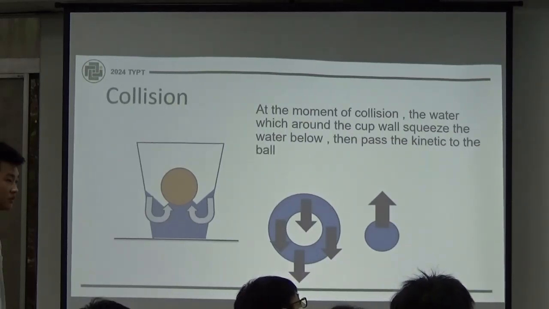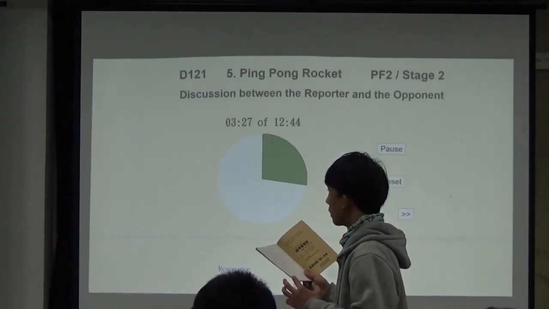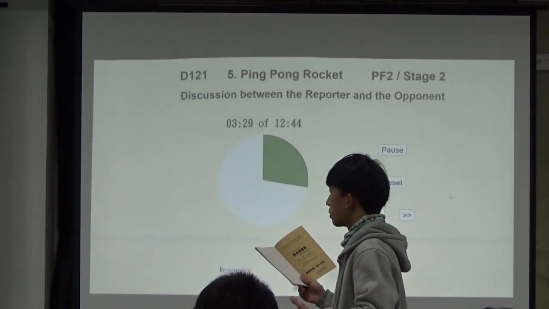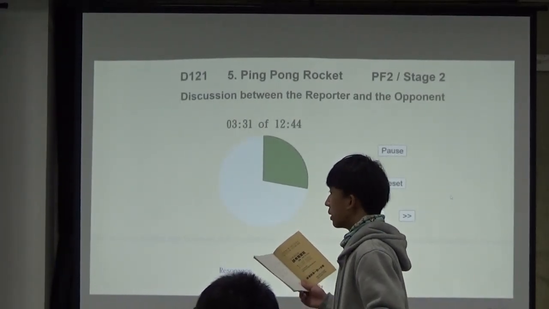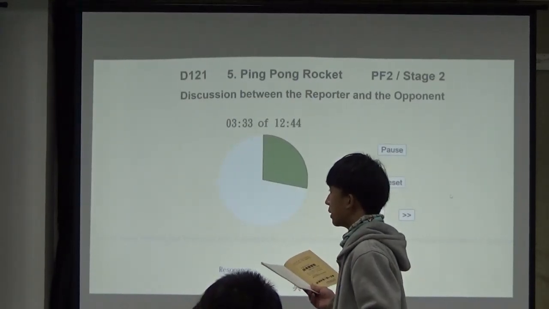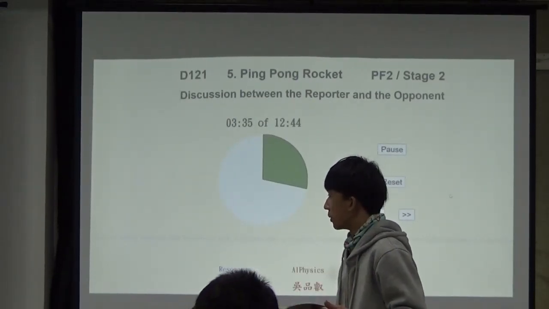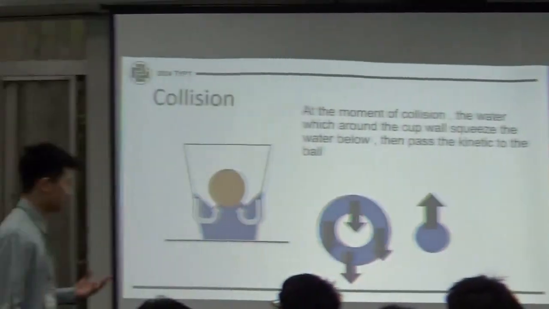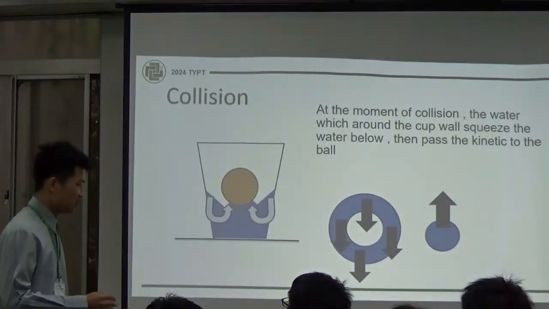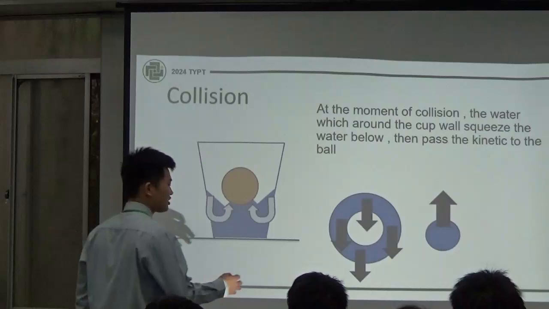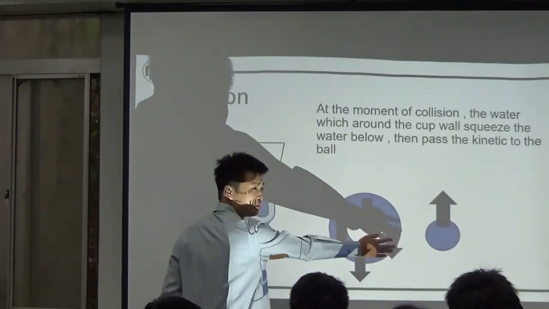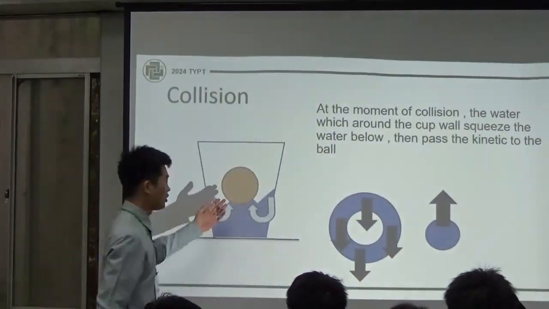And in your experiment, your ball is in the middle, right? Yeah. What do you think if the ball is not in the middle? What will happen? In my opinion, the ball velocity cannot be the same, because the water jet head will push the ball out.